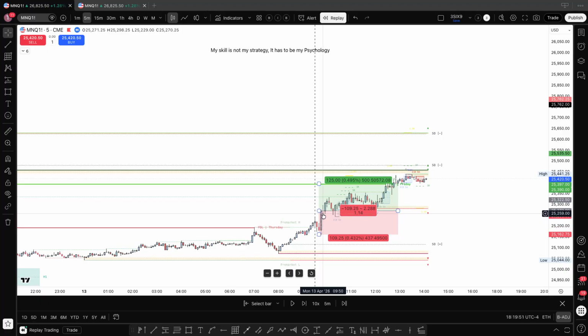So if you are seeing red flags, it's best to get out sooner than to hold on to the trade and hit the stop loss. Because the strategy is a 1:1 strategy, you will need to have more consistency in your win rate, and that's when it's going to work.